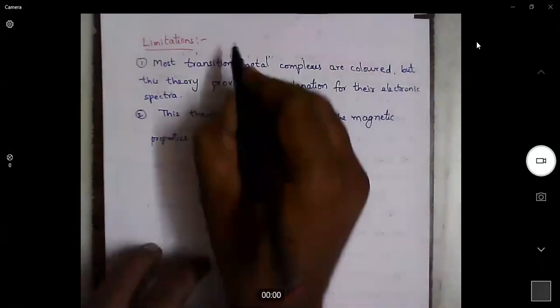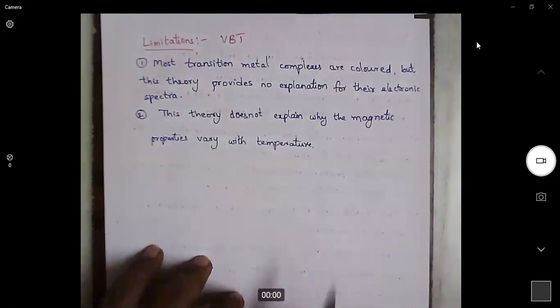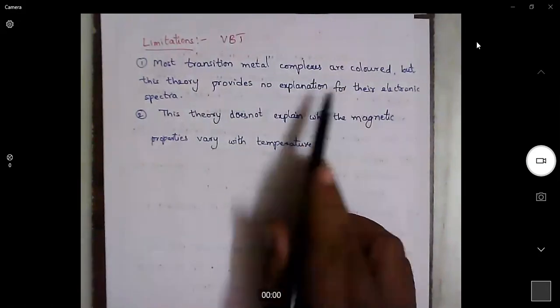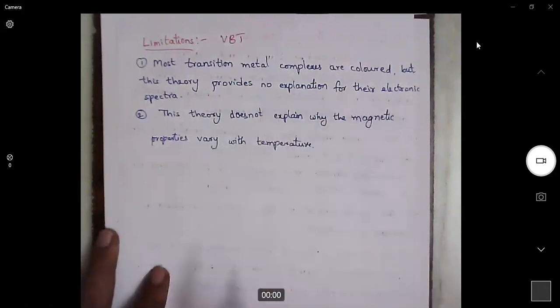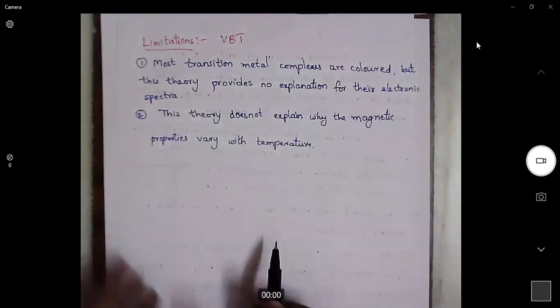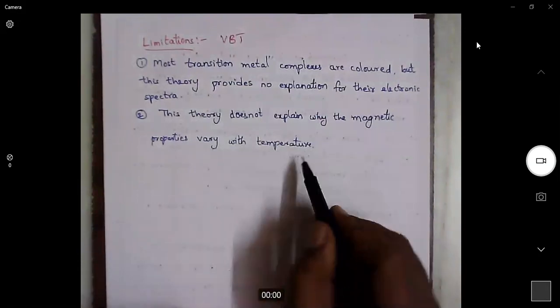Now we will look at the limitations of valence bond theory. Most transition metal complexes are colored, but this theory provides no explanation for their electronic spectra. So color is not explained by VBT. Now this theory does not explain why the magnetic properties vary with the temperature.